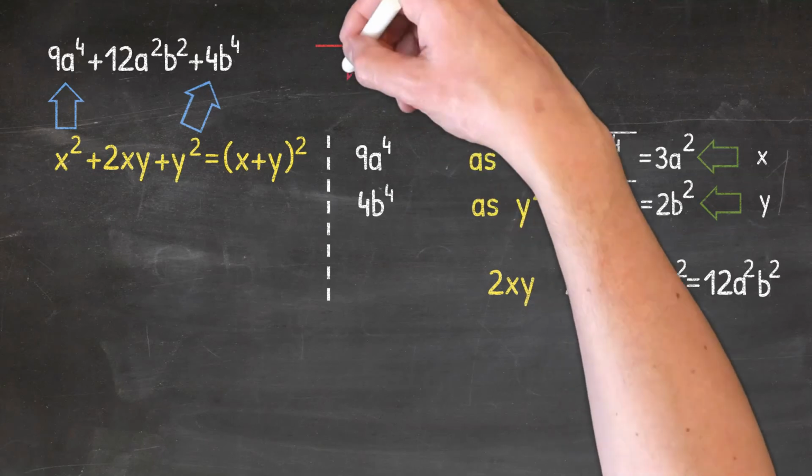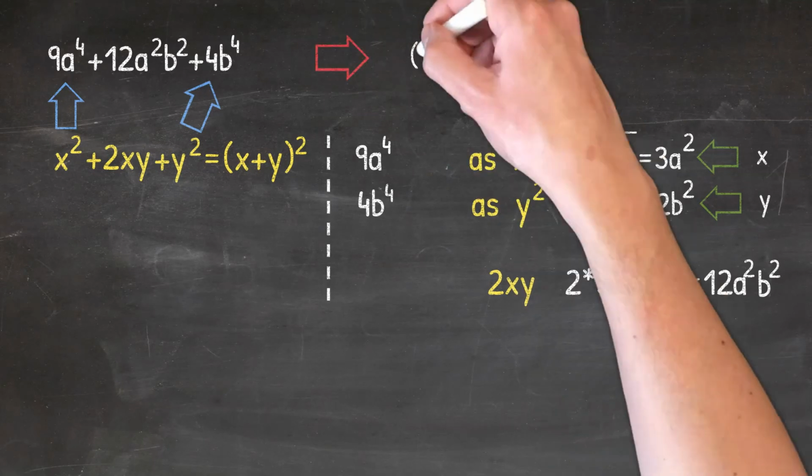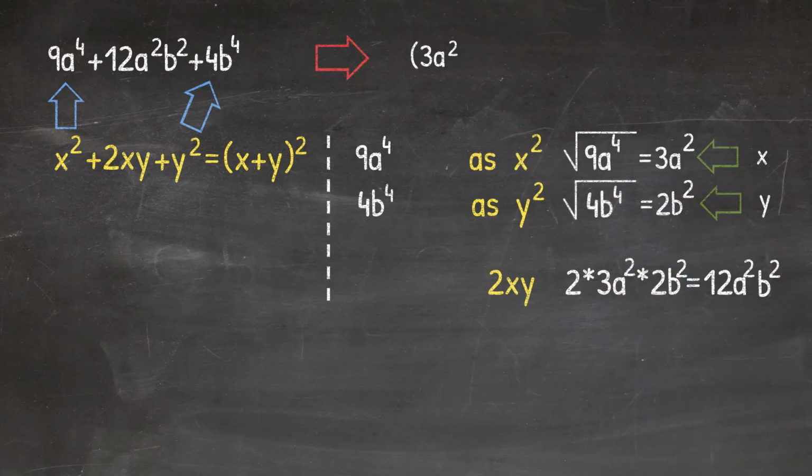We can see that x is represented by 3a squared, and y is represented by 2b squared. So this whole expression is a square of these two inputs into the binomial. So 9a to the fourth plus 12a squared b squared plus 4b to the fourth is the same as the square of the sum of 3a squared plus 2b squared.